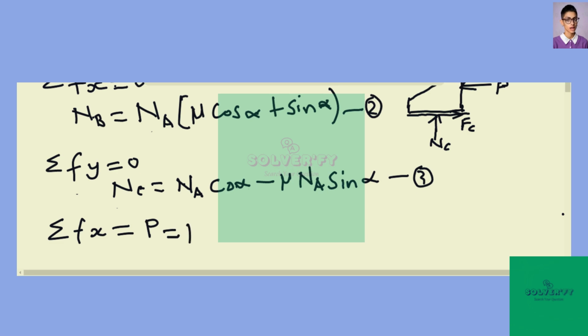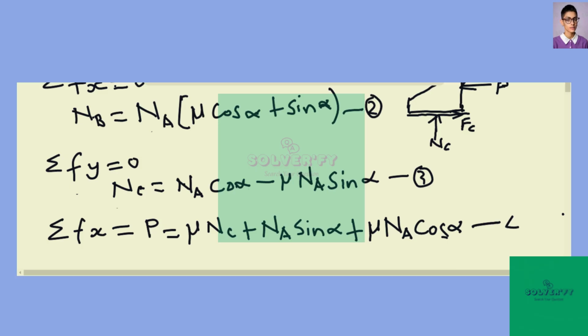P is equal to mu, normal reaction at C, plus normal reaction at A sine alpha plus mu, the coefficient of static friction, normal reaction at point A cos alpha. We can call this equation 4.